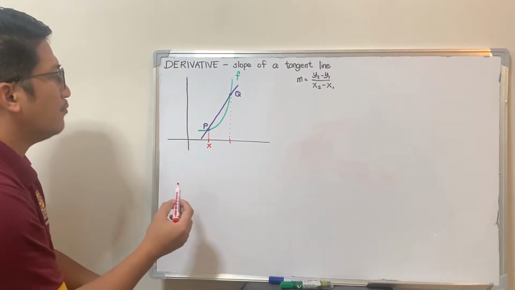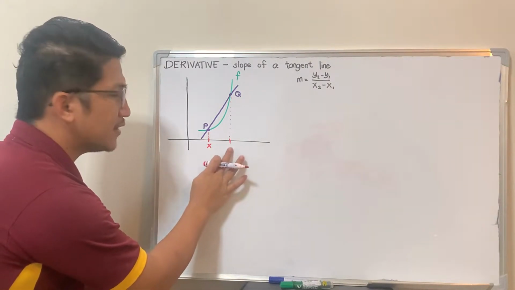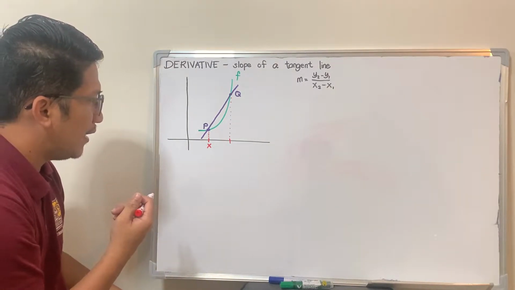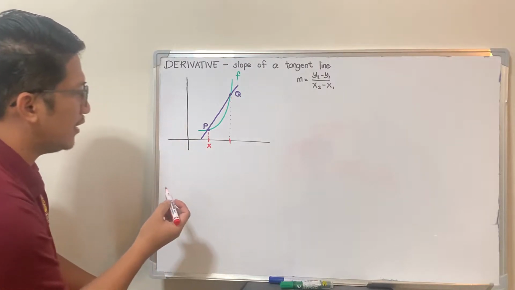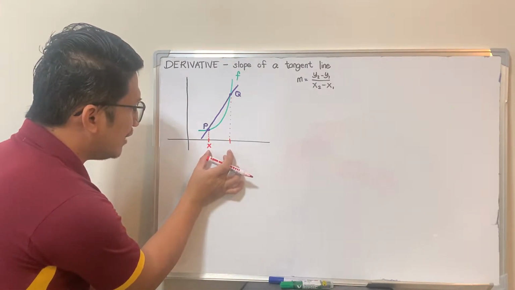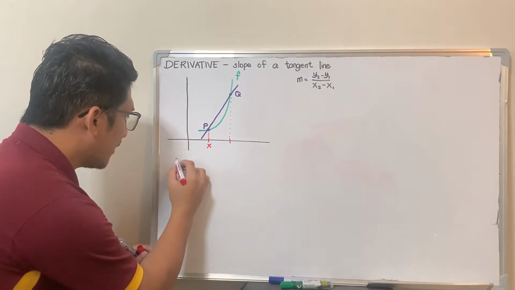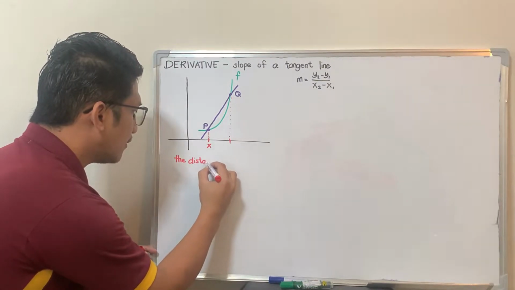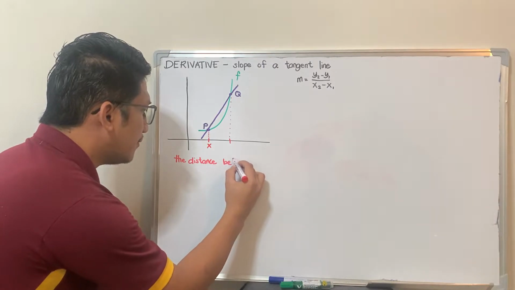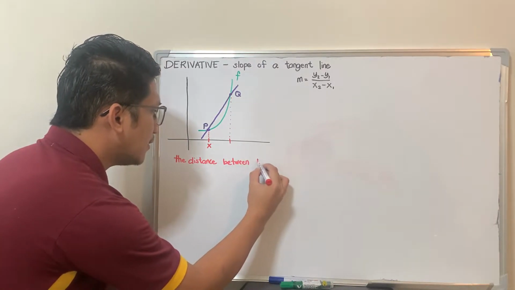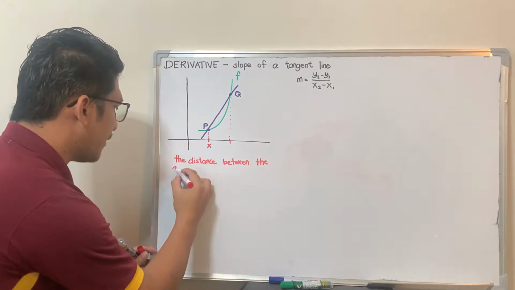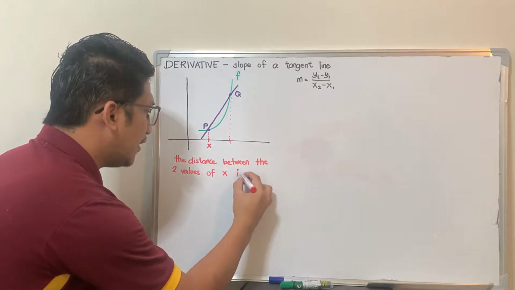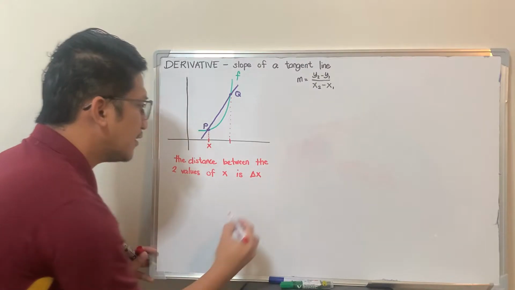Most likely, we call these x sub 1 and x sub 2, but instead of calling them x sub 1 and x sub 2, what we will do is this: the distance between the two values of x is the delta x.